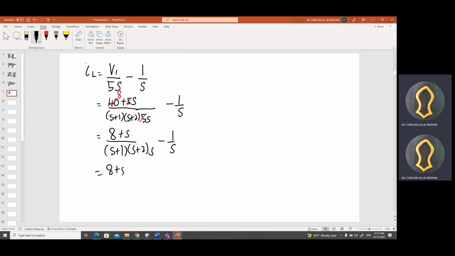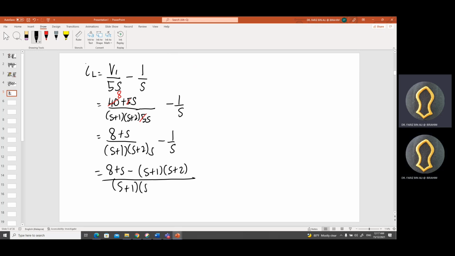So we are going to have 8 plus S minus S plus 1, S plus 2, over plus 1 plus 2S.